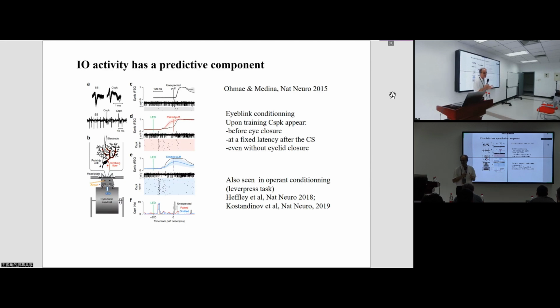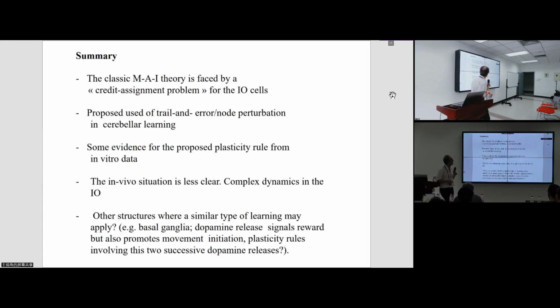So it says, in any case, that what is happening in the olive is more complex than just error emission. And so the question is whether some of these spikes can be used, in fact, as an increased perturbation. Okay, so that's basically the story I wanted to tell you.